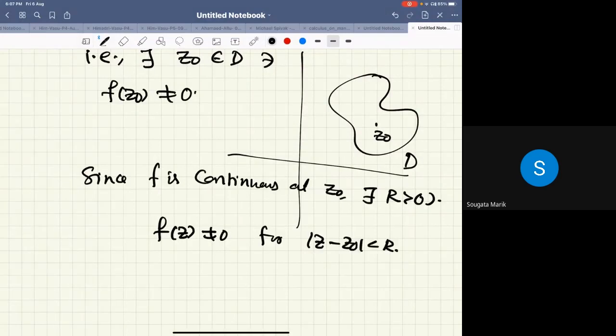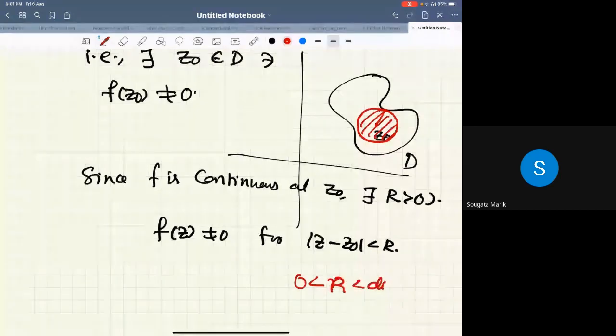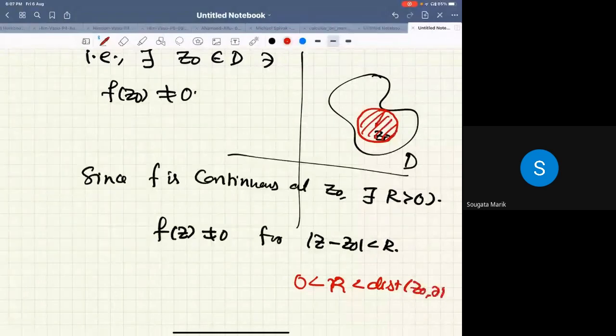I will take my r as the distance from z naught to the nearest boundary point. So in this neighborhood at least it is non-zero, or there exists some neighborhood we are taking, 0 less than capital R less than the distance from z naught to the boundary of D.